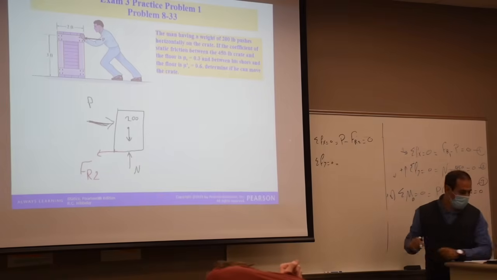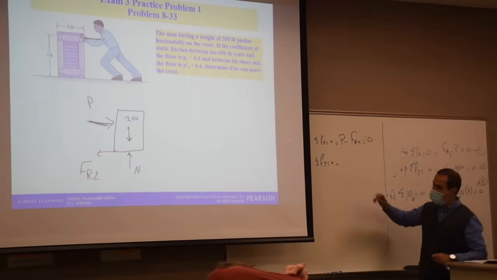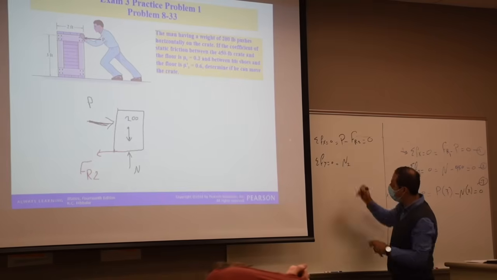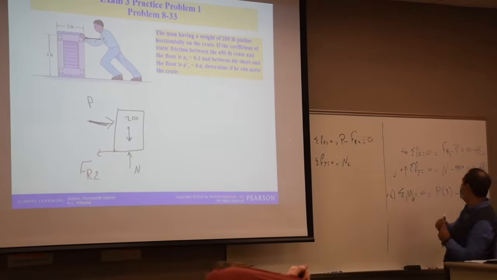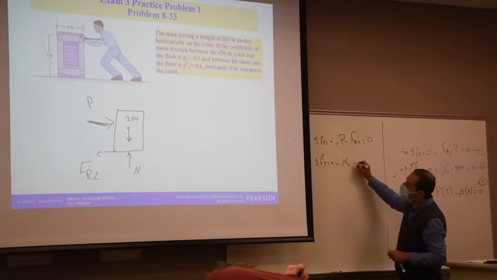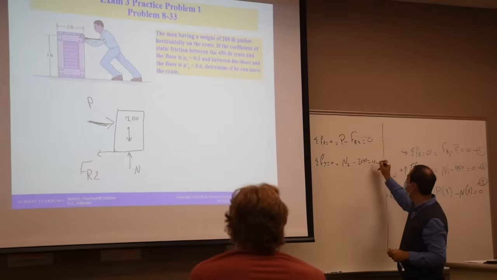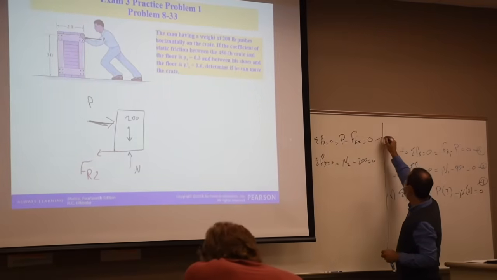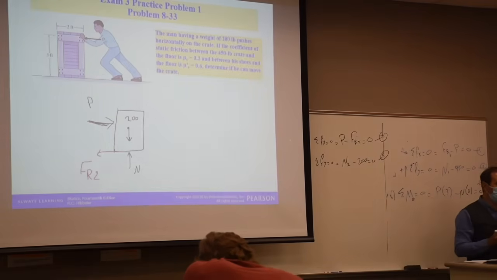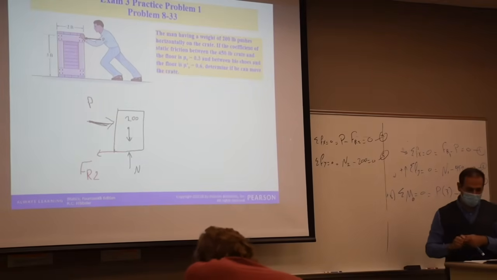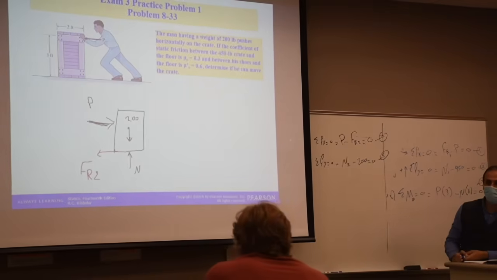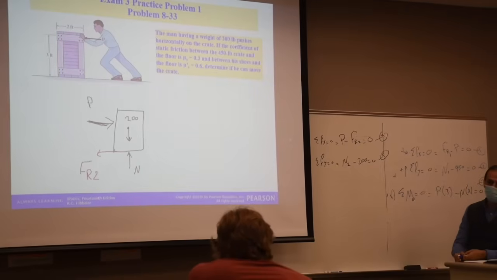Y-axis, what do I have? The normal 2, to be consistent, that's normal 1. Normal 2 up minus 200 equals 0, correct? So that's 3, that's 4, that's 5. 5 equations. Does that make sense? We good? So I was able to construct 5 equations.